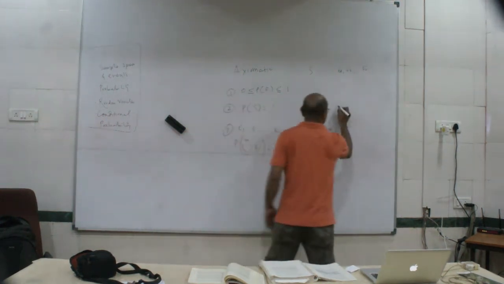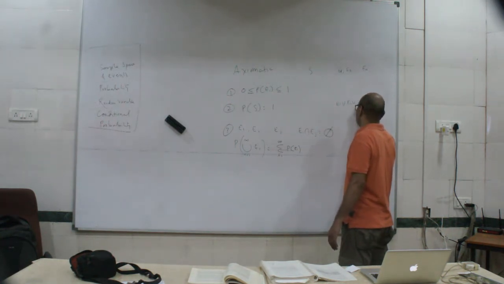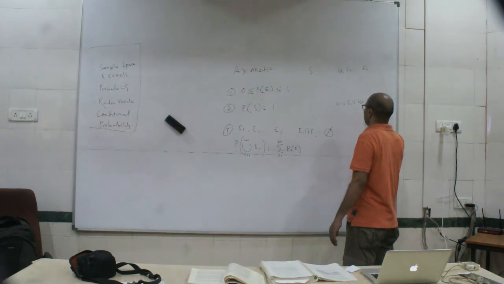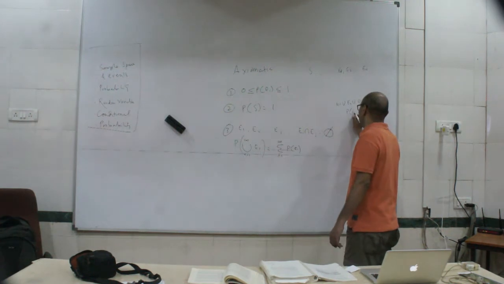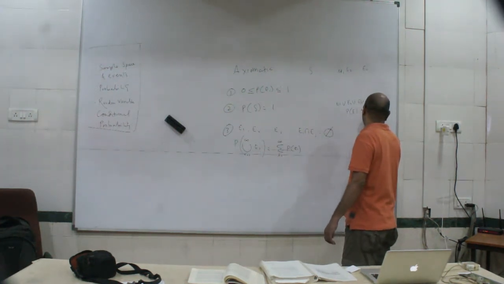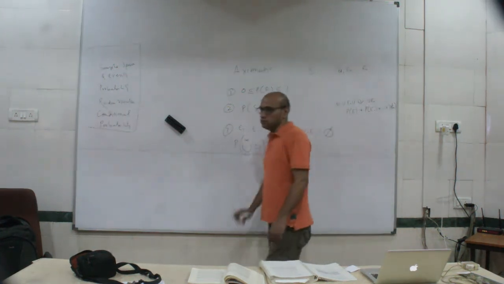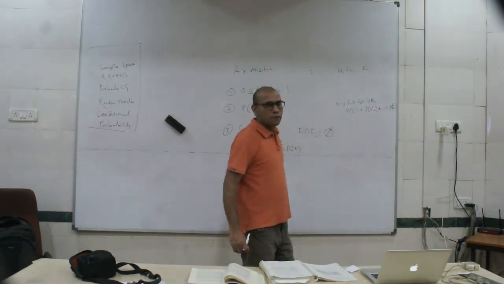That is, I am basically saying E1 union E2 union up to En. Basically, I should be doing the probability of E1 plus the probability of E2 plus up to the probability of En, if these are mutually exclusive.